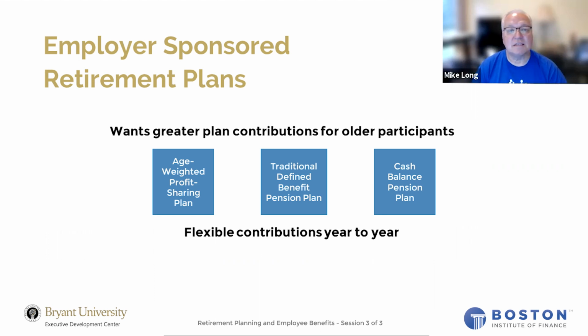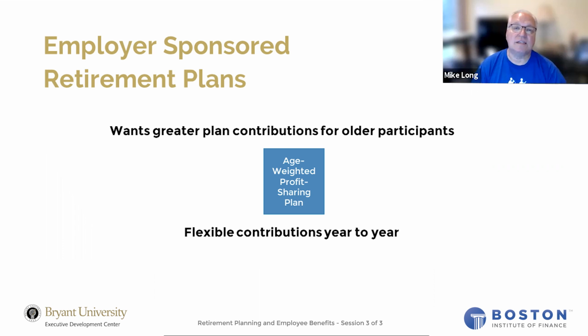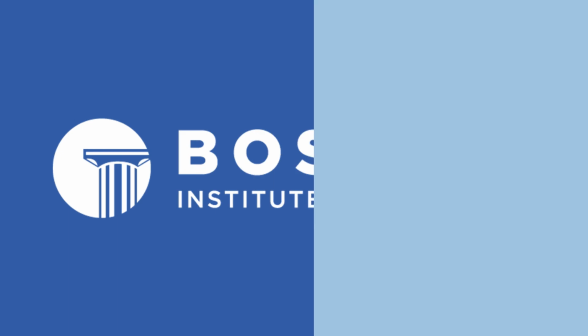What if it says they're uncertain about the ability to afford the plan, and they don't know how much year to year they really could put in? We can only do what? Profit sharing, because that's the only one that you can flex your contributions. Both of those pensions have sizable mandatory annual contributions.